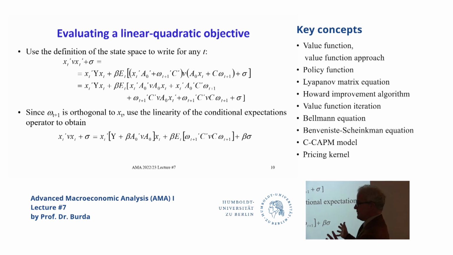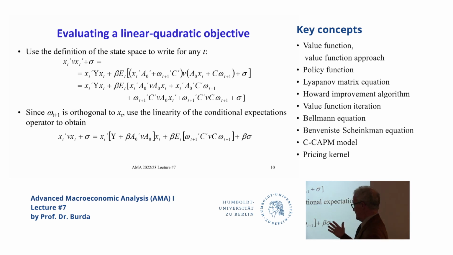But does everyone understand that movement from the second to the last step? We've just multiplied it out. But the most important thing you should notice is that although the original problem had expectations of xt plus i into the future, i greater than 0, we've eliminated it. Now we only have basically things that are a function of t plus 1. So it's already a 2-period problem. That's the logic of the value function approach.